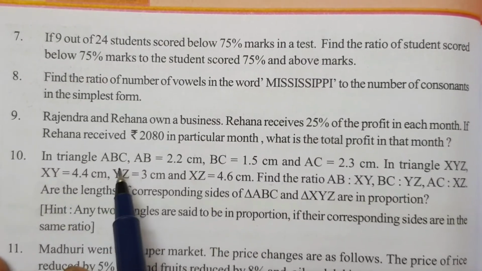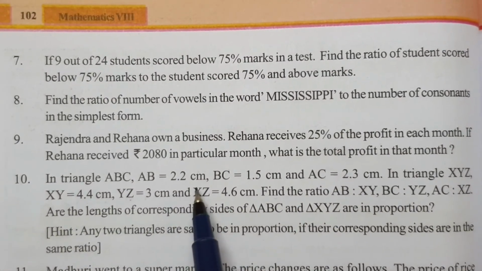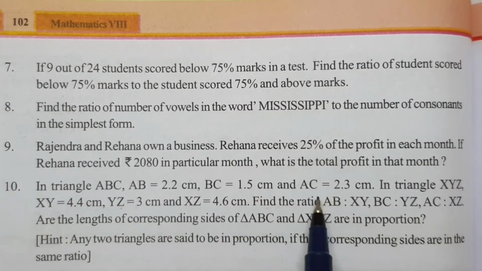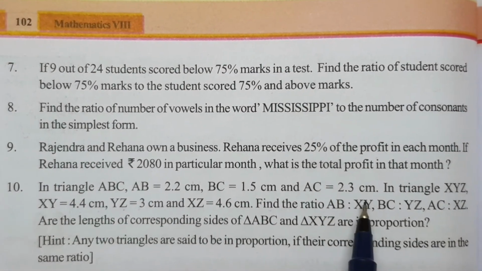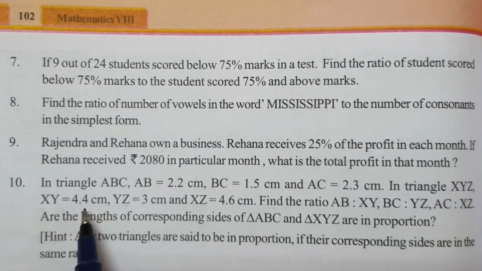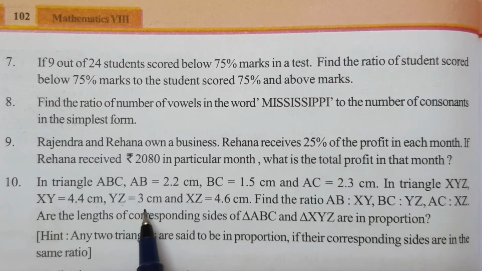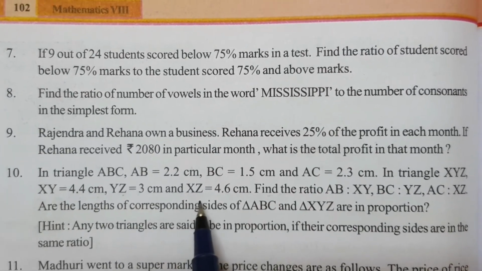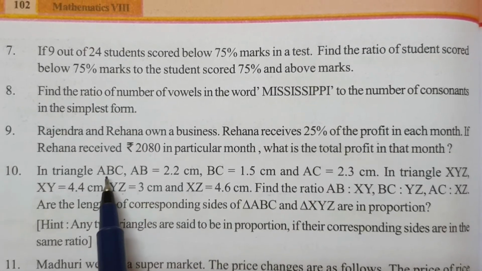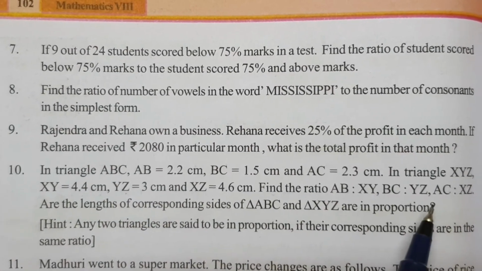In triangle ABC, AB equal to 2.2 centimeters, BC equal to 1.5 centimeters and AC equal to 2.3 centimeters. In triangle XYZ, XY equal to 4.4, YZ equal to 3 centimeters and XZ equal to 4.6. They gave two triangles, triangle ABC and triangle XYZ.